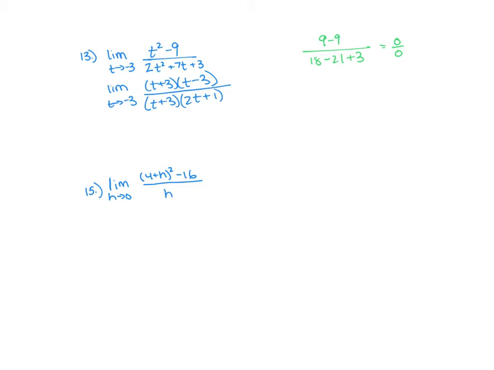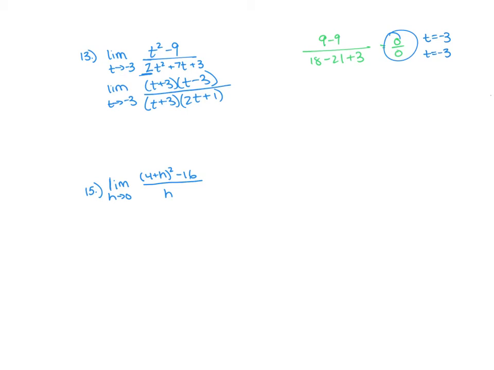Now, one way that I was able to do that, because I'm sometimes a little shaky when my leading coefficient is not a 1. We knew that we were going to get 0 over 0, which means t equals negative 3 is a solution for the top and the bottom.